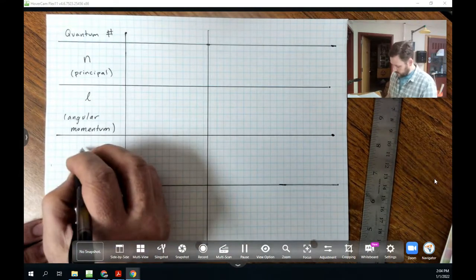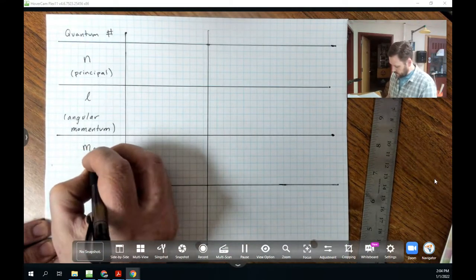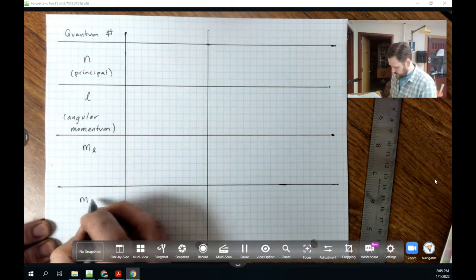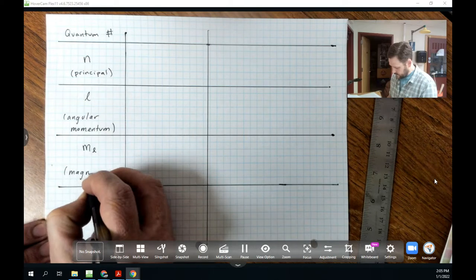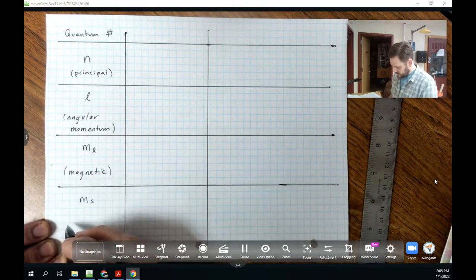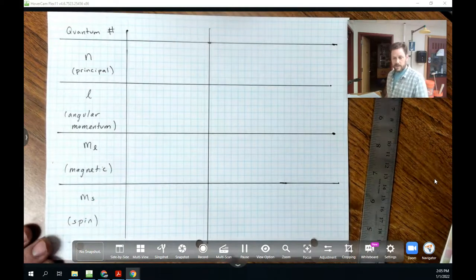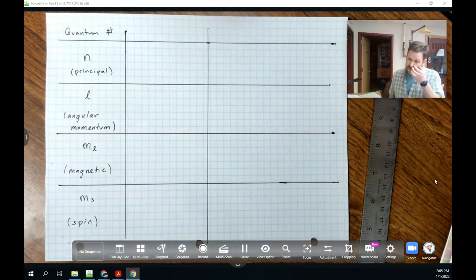Then we're going to define the next two, which are m sub l and m sub s. These are the magnetic quantum number and the spin quantum number. And we'll now describe what each of these mean.